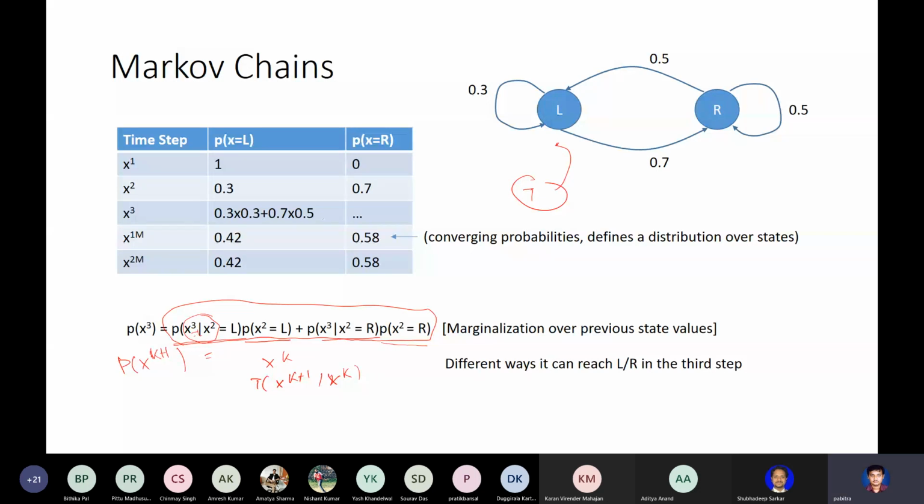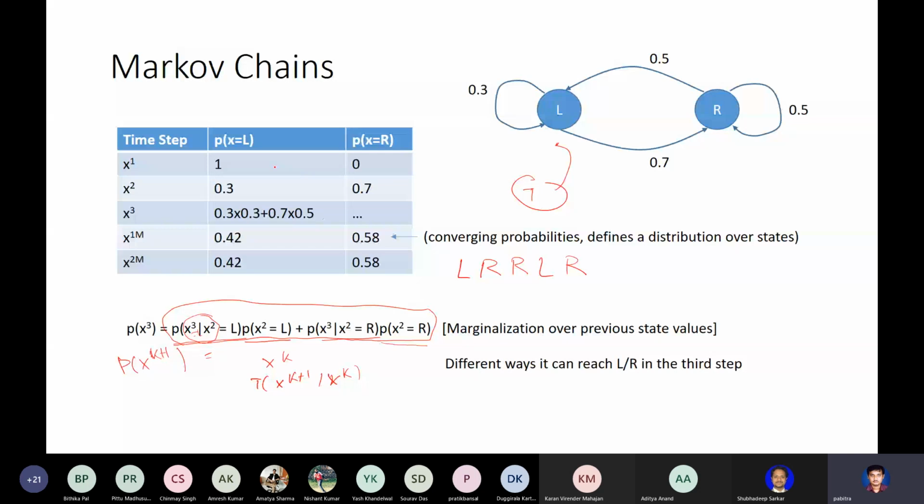And if we go on doing this, earlier when I simulated, I saw a chain like this. But this chain is not the only dynamical system that is changing. Since there are only two states, you can think of this as a two-dimensional distribution. In the first step, the distribution is 1 and 0.